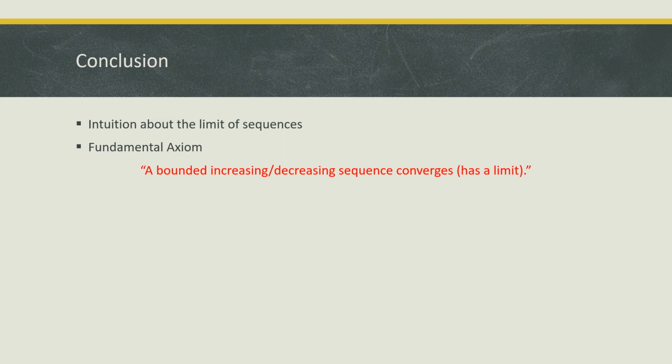Lastly, we intuitively made the conclusion that when we apply arithmetic operations on sequences, the limit of the resulting sequence can be obtained by applying the same operations on the limits of individual sequences.